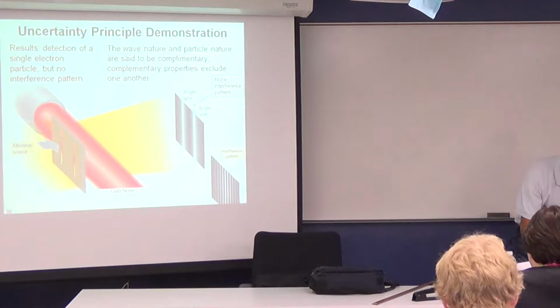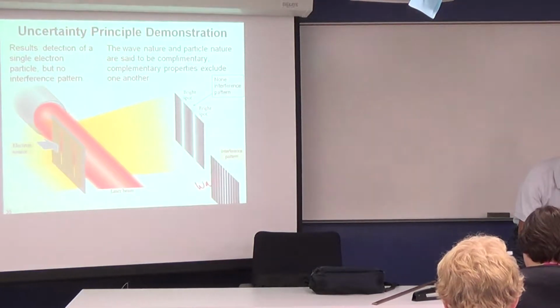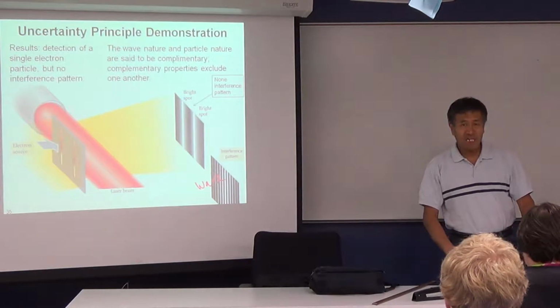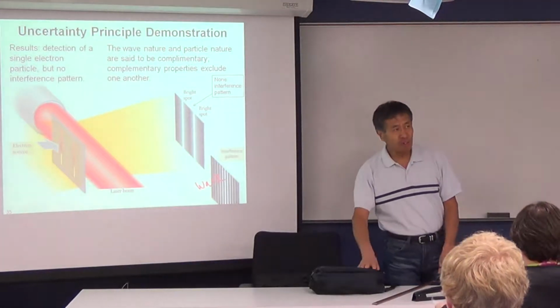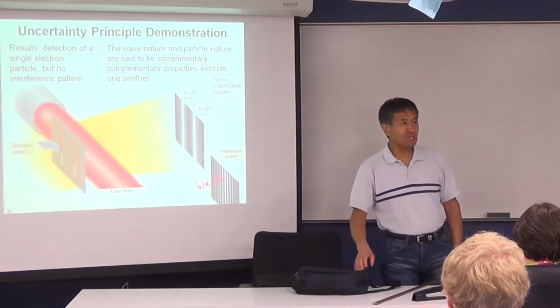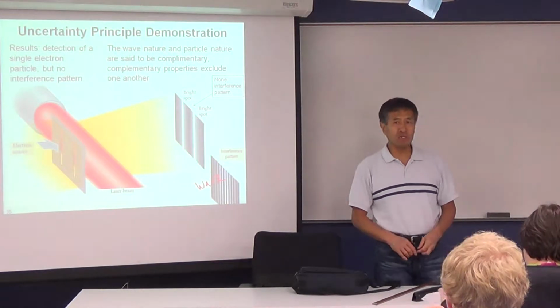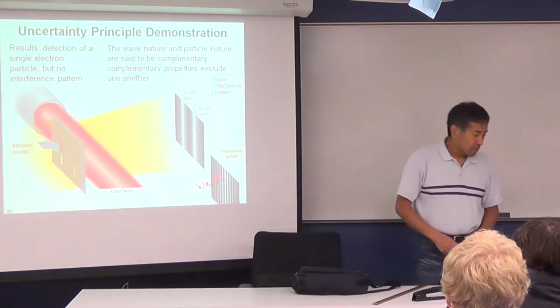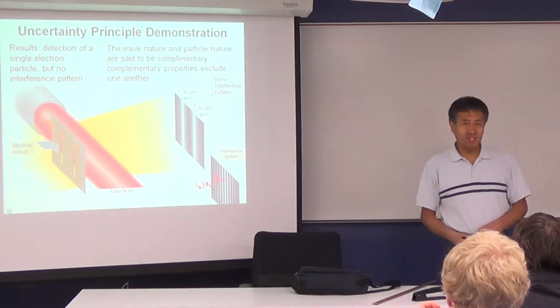So this behavior is a wave. And that's very strange. How can electrons, really physical particles, behave as waves? But they do exist as waves.